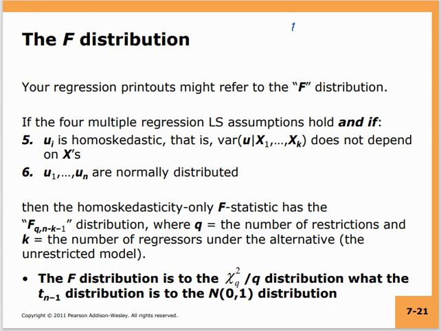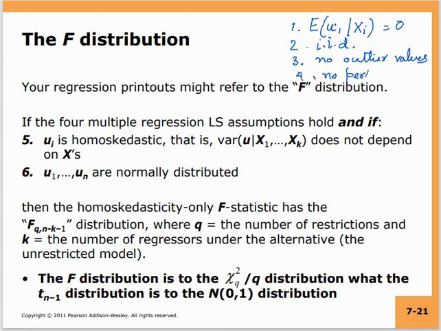The first assumption was that the expected value of u_i given x_i is equal to 0. The second assumption was that the observations are IID. The third assumption was that there are no outliers for any of the variables. The fourth assumption was that there is no perfect multicollinearity.